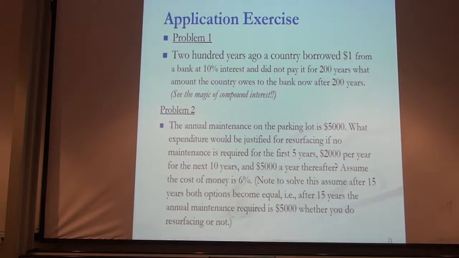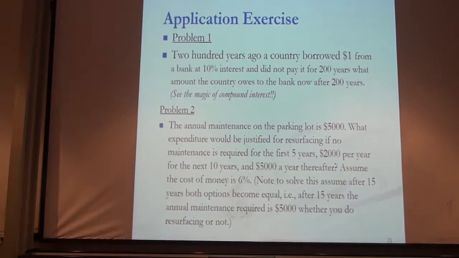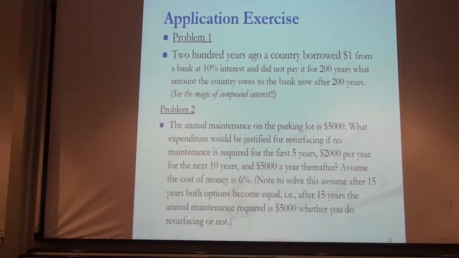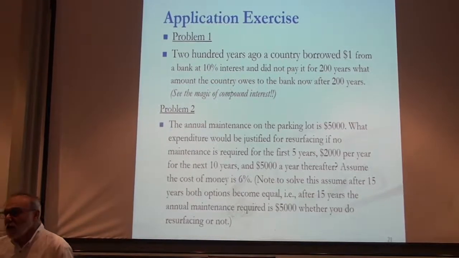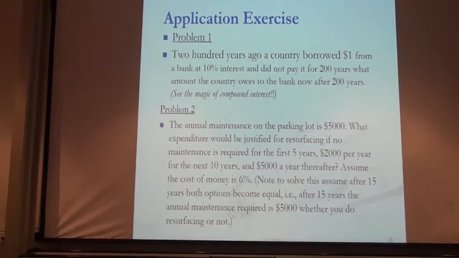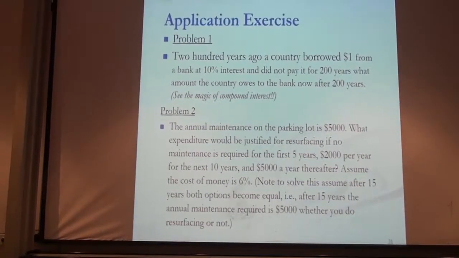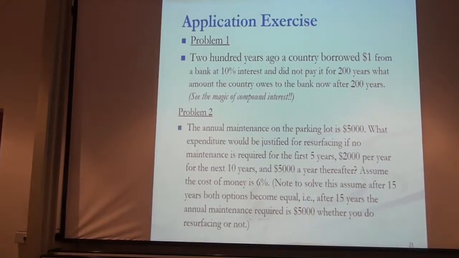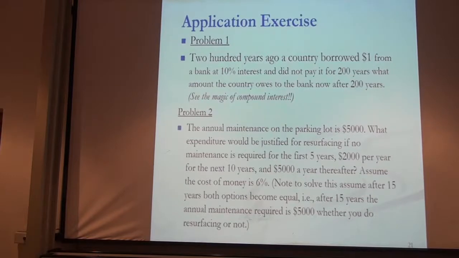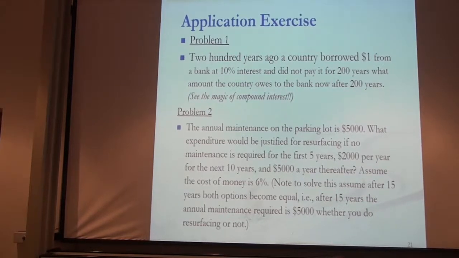What are those 2 options we have? In management decision making, most of the time we have as a default, do nothing as one of the options. So do nothing is one option, which means that you don't resurface and find out the total present cost, using these formulas.